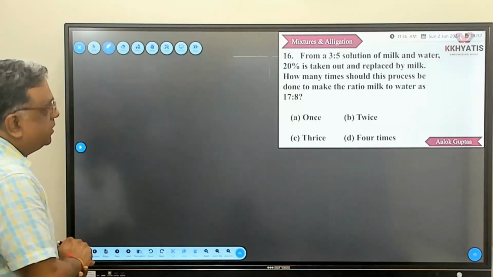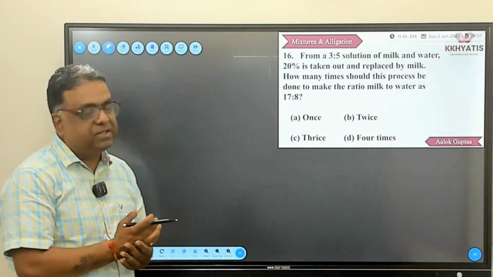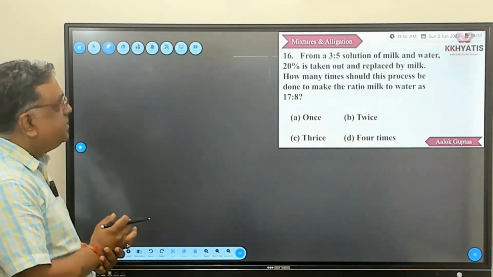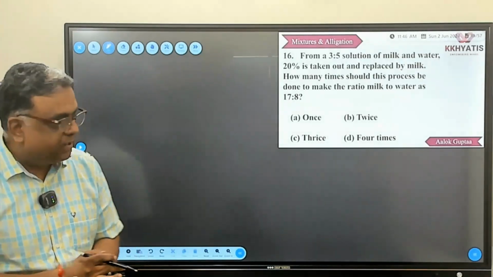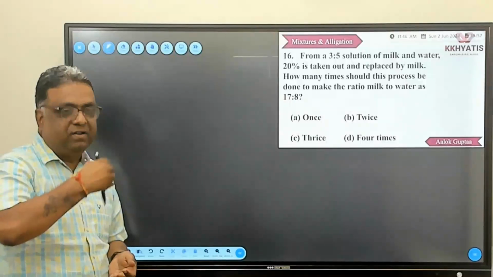From a solution of milk and water in the ratio 3:5, 20% is taken out and replaced by milk. How many times should this process be done to make the ratio of milk to water 17:8? Again, here we will apply the concept of repeated removal.